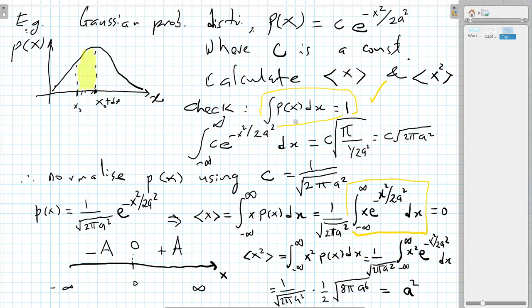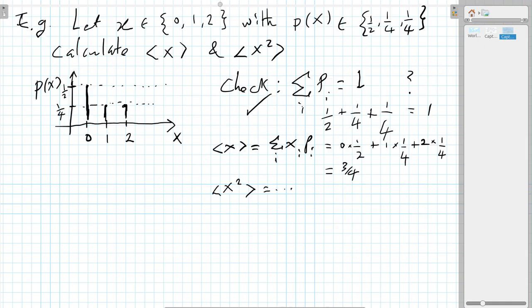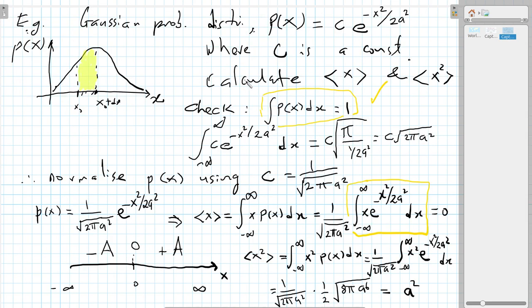And once we have probability distributions, as I have illustrated in these two examples, for a discrete system the probability distribution is known and you can compute averages. We've also seen this example of a continuous distribution. You're going to compute averages once the probability distribution is known.